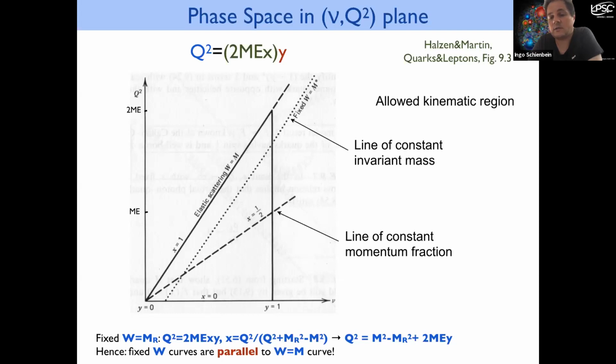So we again have this slope 2ME, the slope with x equal 1, times y, plus a constant, which is negative. So we shift the curve with x equal 1 parallel. So fixed W curves are parallel to the W equal M curve here, and that is then describing a resonance.